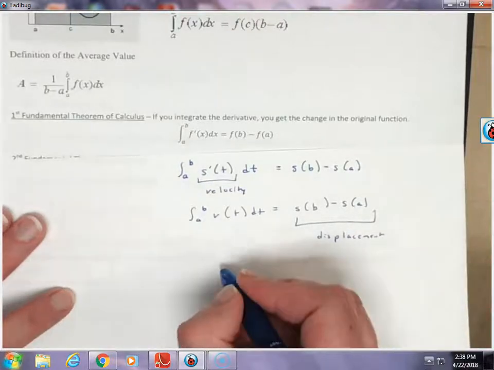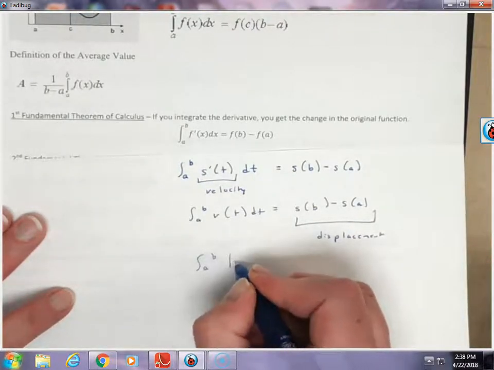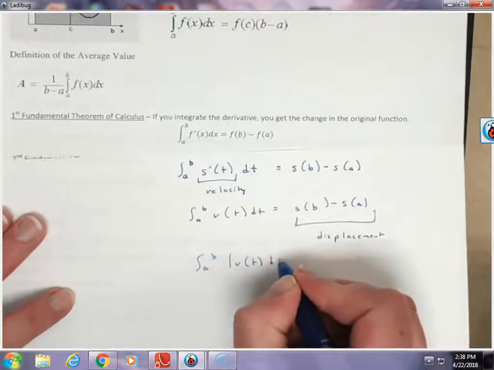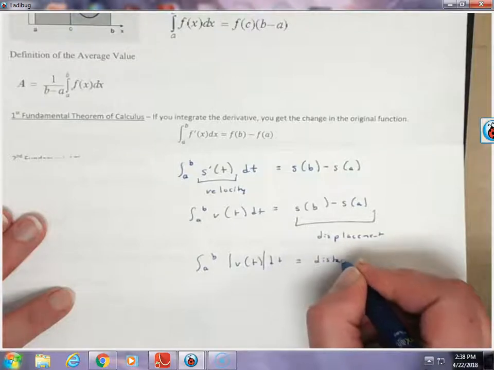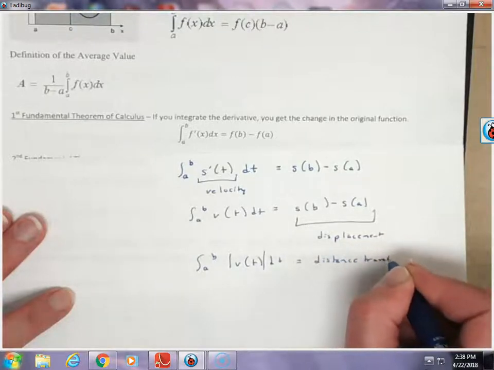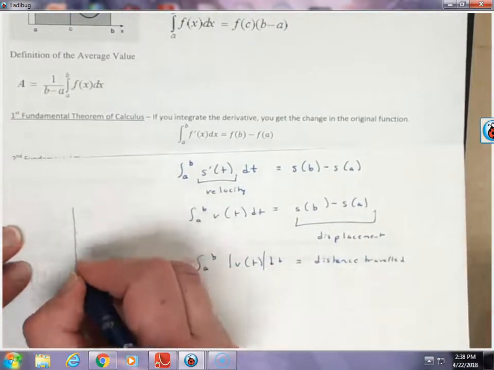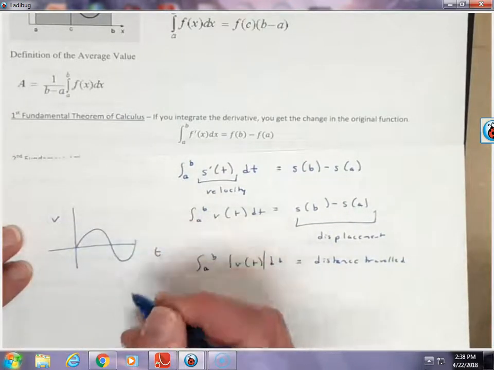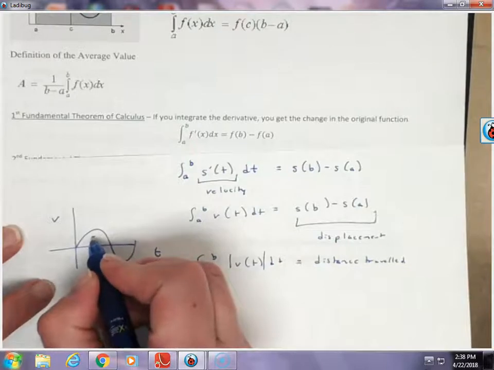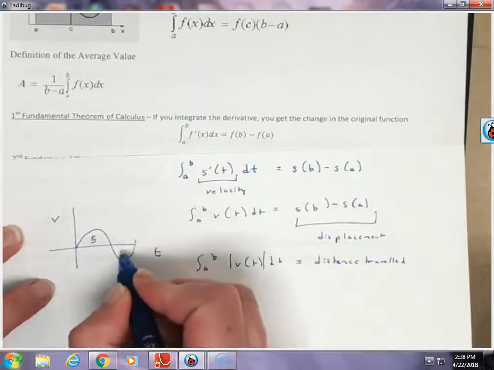Okay, and I do need you to remember that if you integrate the absolute value of velocity, then that's going to give you the distance traveled. The basic difference there being if you have an expression for velocity versus time, here let's say this area is 5 and this area is 5.